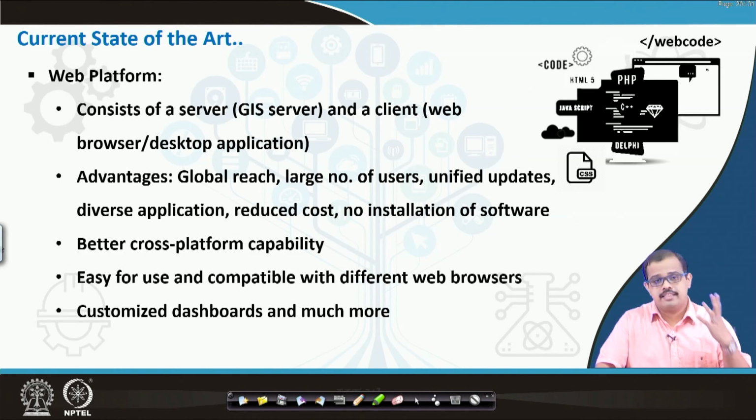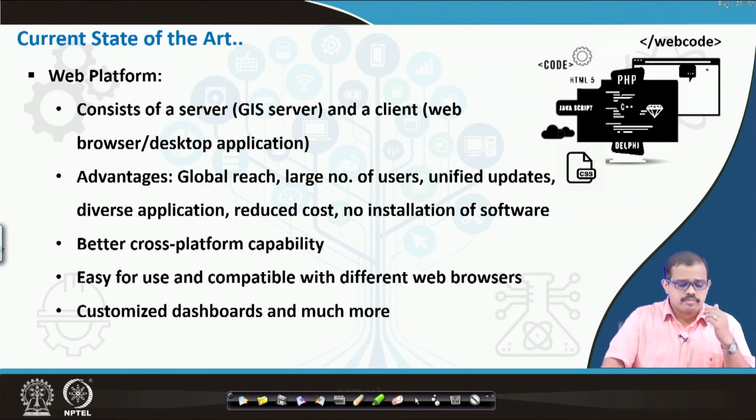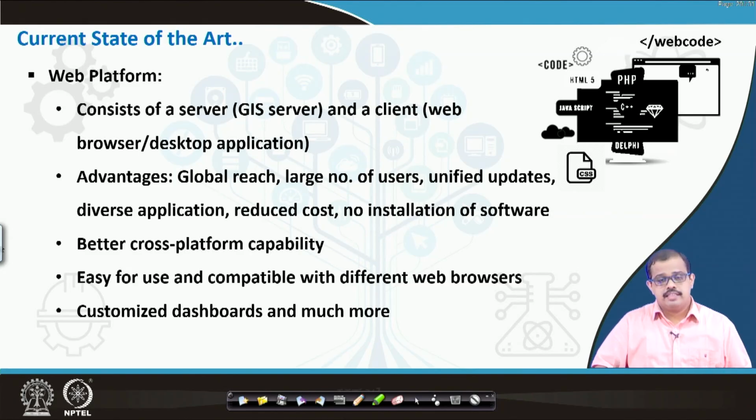The client is normally a desktop browser, and the GIS server is built somewhere, maybe remotely. So what is the advantage of this? Global reach. You develop datasets, you develop data, and anyone who wants to access the data need not revisit the same place; the data can be easily accessed by them for their analysis.